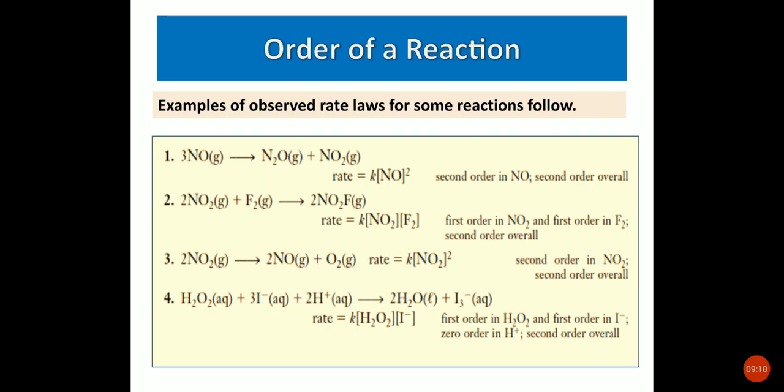Rate is equal to K into concentration of NO2 squared, so that is a second order reaction. And the fourth one, H2O2 plus 3I minus plus 2H plus gives 2H2O plus I3 minus, rate is equal to K into concentration of H2O2 into concentration of I minus. This is also a second order reaction because the sum of the powers is 2.